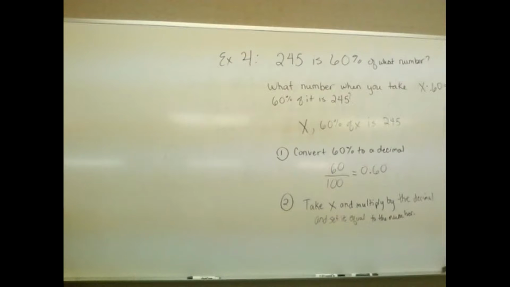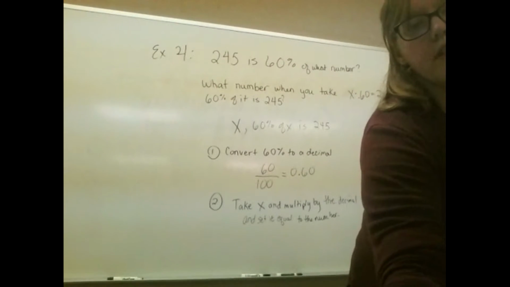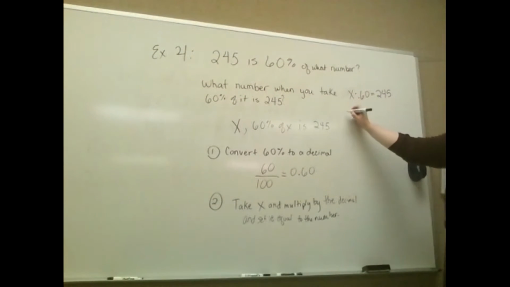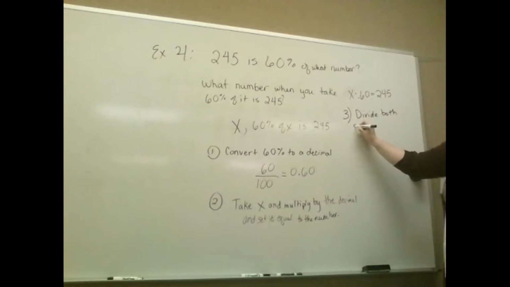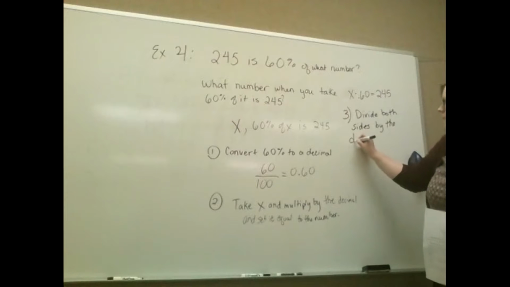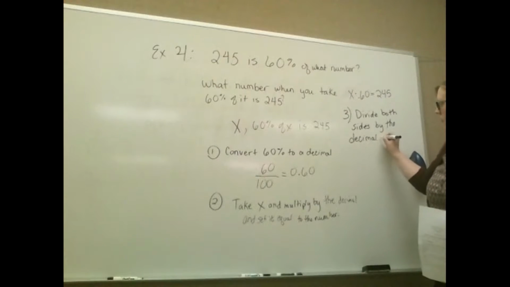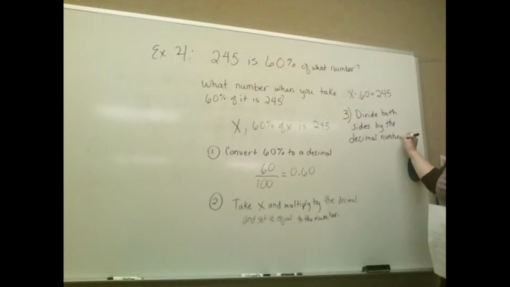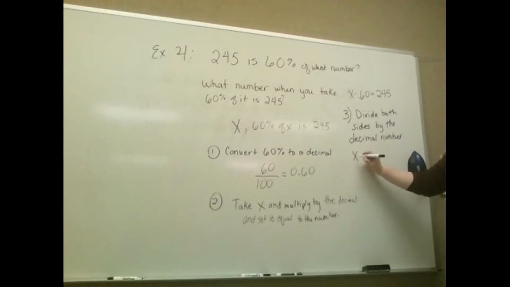All right, once you get to this point, this would be step 3. Divide both sides by the decimal number. So we have x times 0.60 equals 245.